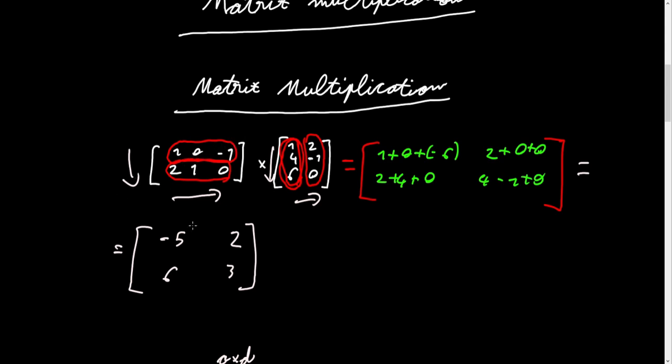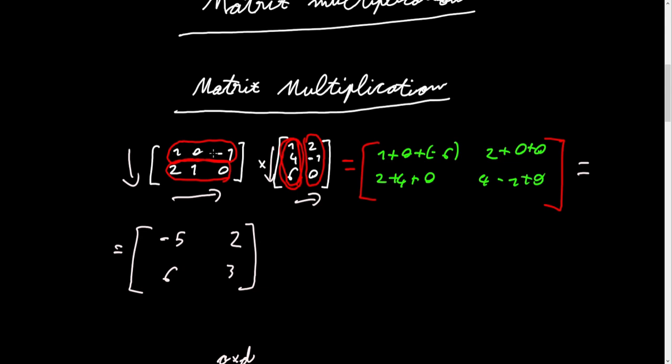We got 2 rows here too, because the first row gives the first row here, and the second row gives the second row. So the number of rows in the result is going to be the number of rows in the first matrix. Now the number of columns in the result is going to be the number of columns in the second matrix, because it's the same thing.